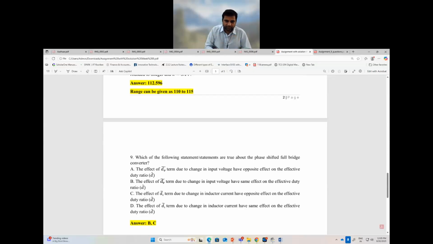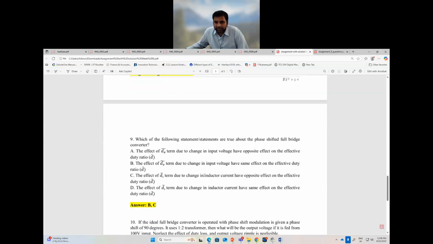If the input voltage reduces, d tilde reduces, and that term gets added up in the duty ratio, because the effect on the effective duty ratio also increases.